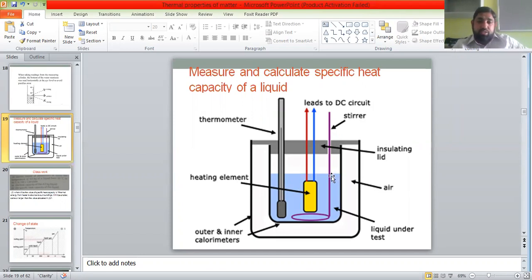If you have considered a styrofoam cup as an insulator, then the thermal energy provided by the heater will be equal to the thermal energy absorbed by the liquid, for example water. So we'll have the same readings, the same data to be collected, and you can calculate c.